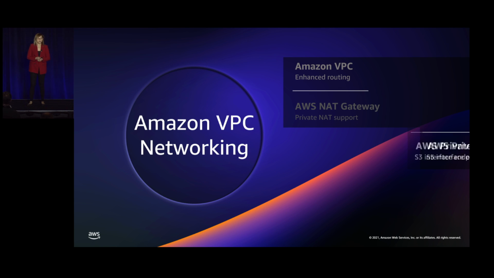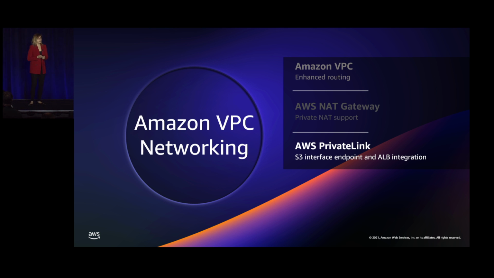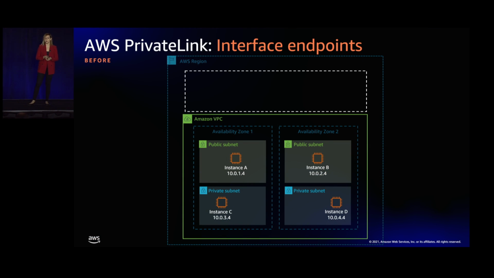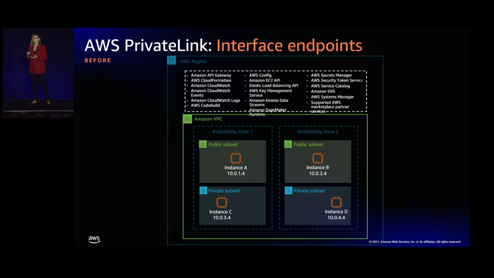Our third focus point is AWS PrivateLink. And what AWS PrivateLink historically enables us to do is privately access AWS services in our VPC by bringing them in with the help of VPC endpoints. We have two types of VPC endpoints, the interface endpoints and the gateway endpoints.